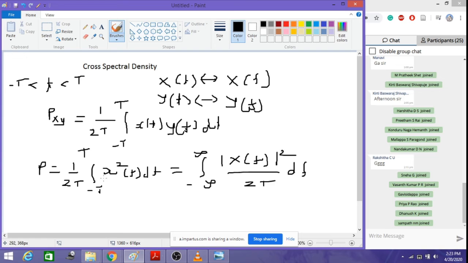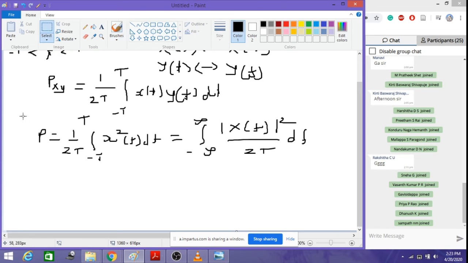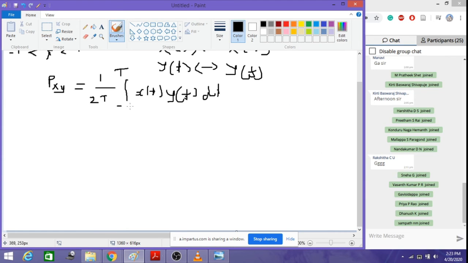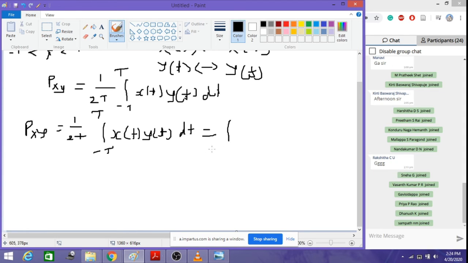The same thing we are going to apply here. Now this equation becomes Pxy equals 1 by 2T integral from minus T to plus T of x of t into y of t into dt. Using Parseval's theorem in the frequency domain, it is represented as the integral from minus infinity to plus infinity.